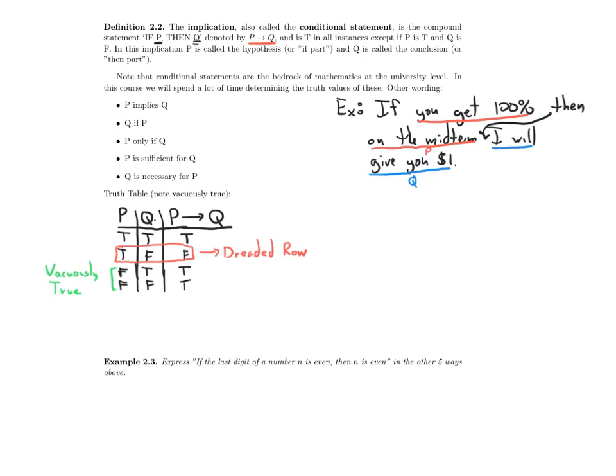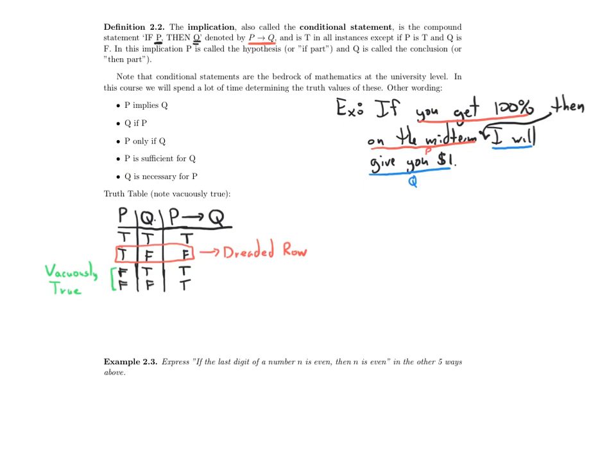Now, again, there is a bunch of ways of writing if-then statements. If you don't want to say if P then Q, you can say P implies Q. Sometimes you'll see it as Q if P, so some people will write the if part afterwards. You'll see things like P only if Q, you might see that.